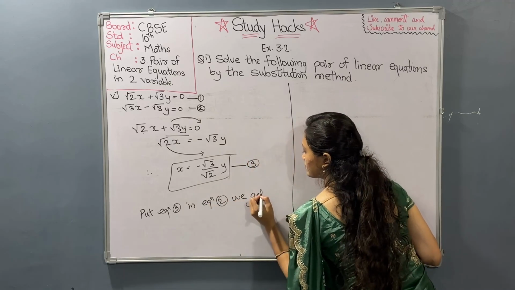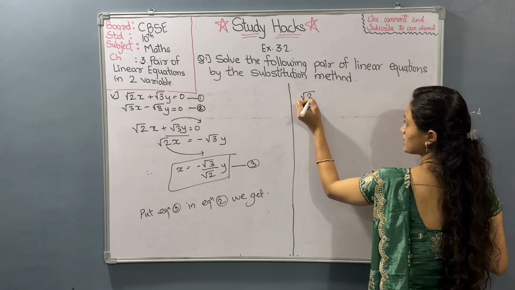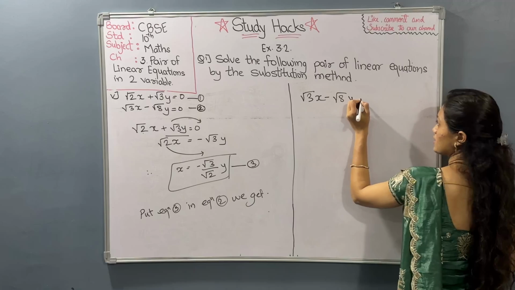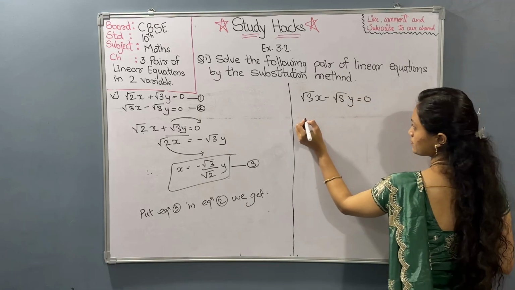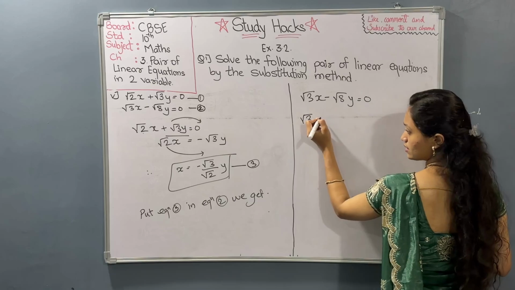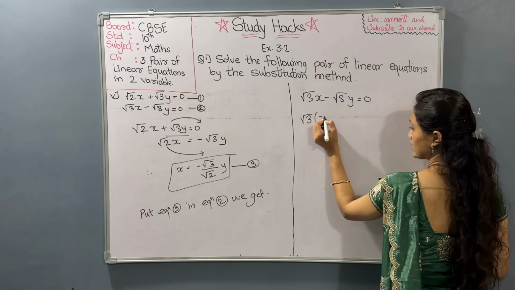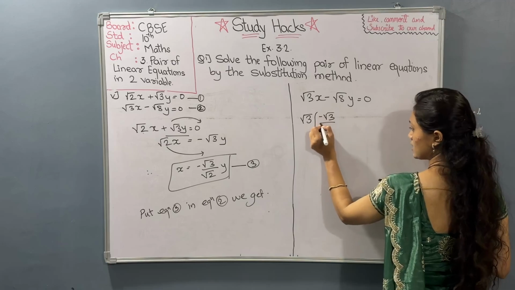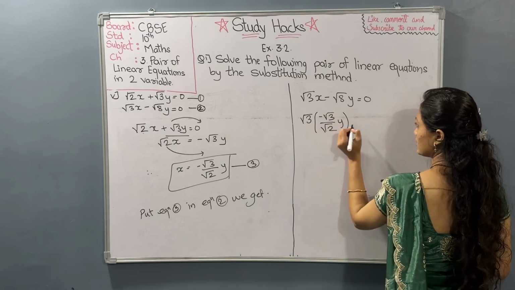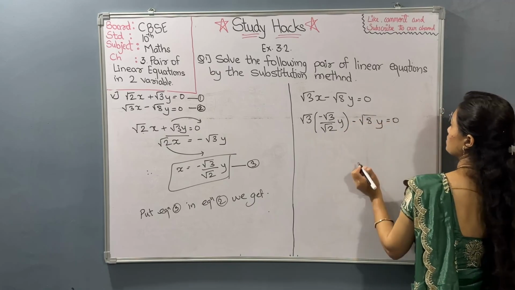We get √3x − √8y = 0. √3, in bracket, put the value of x. √3 × (−√3/√2 y) − √8y = 0.